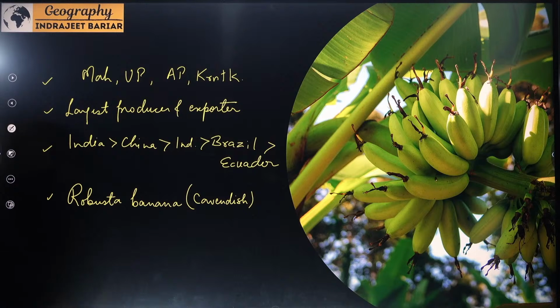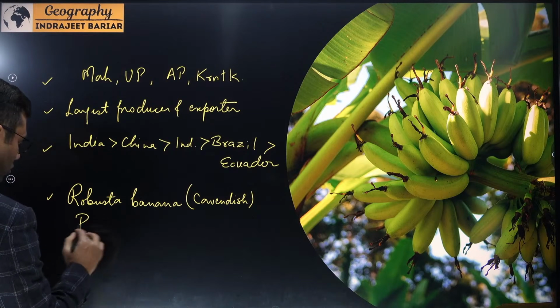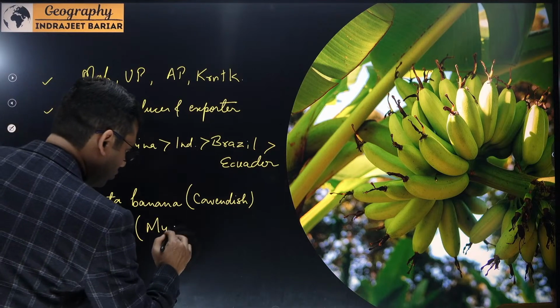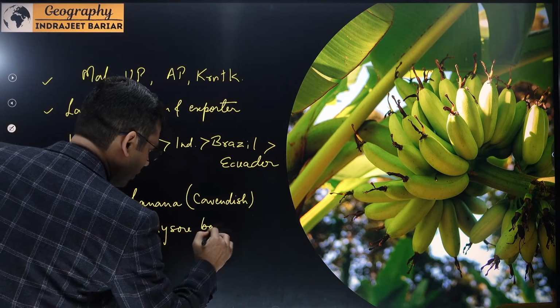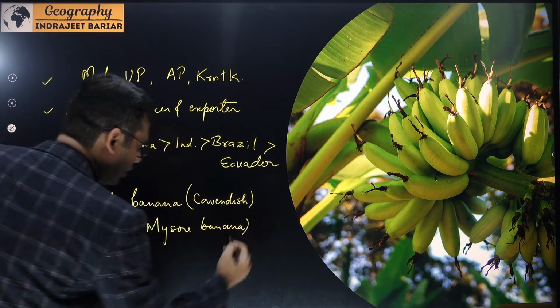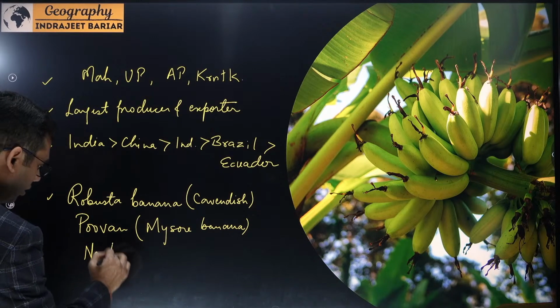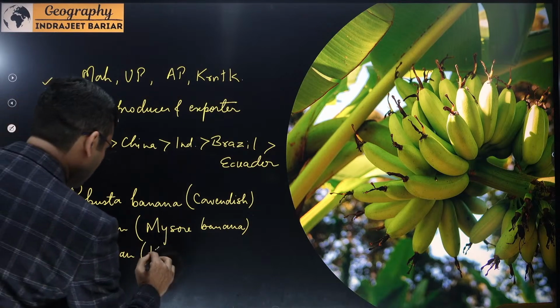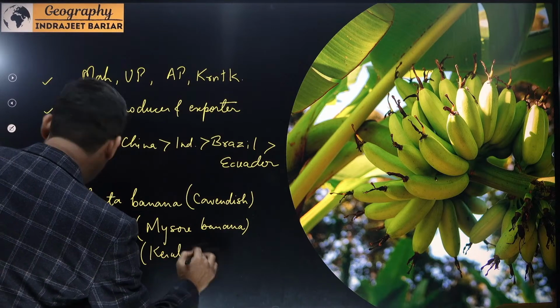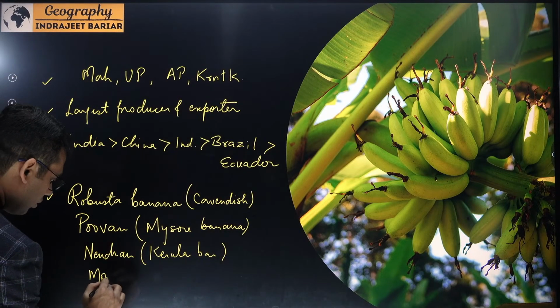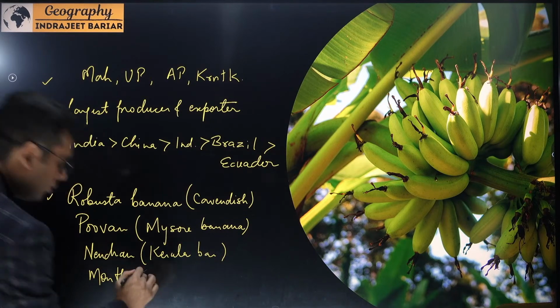In addition to that, other names you should know include Puvan. Puvan is Mysore banana. I'm just telling you the names that can be asked in the examination. Then we have Nendran, which is Kerala banana. Then we have another one called Monthan.